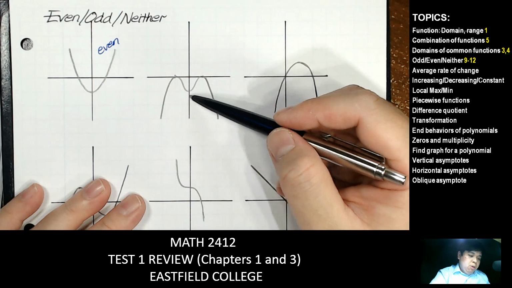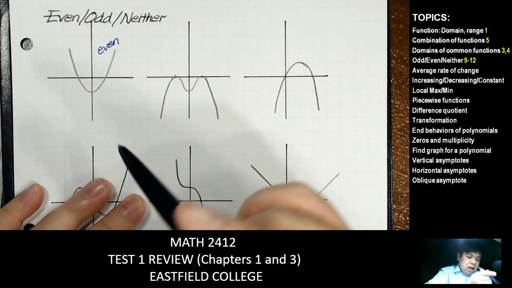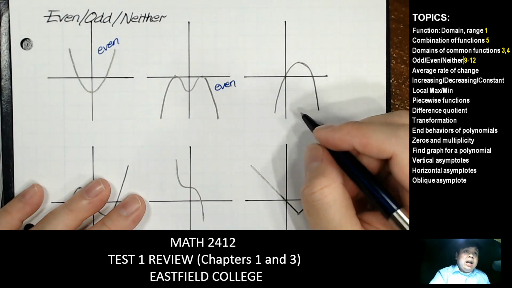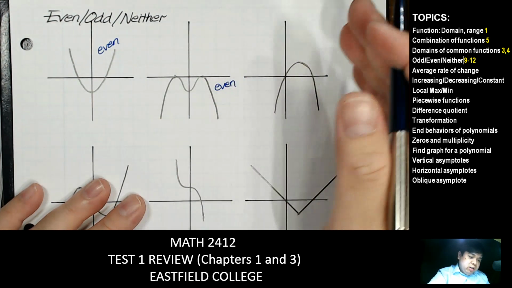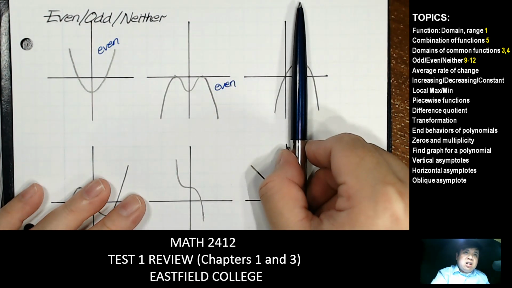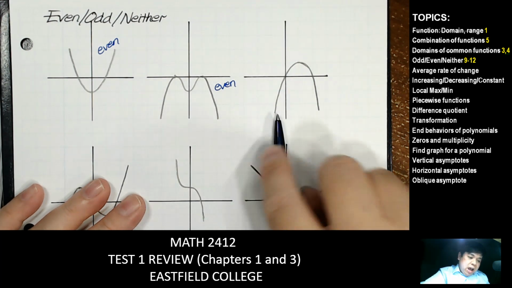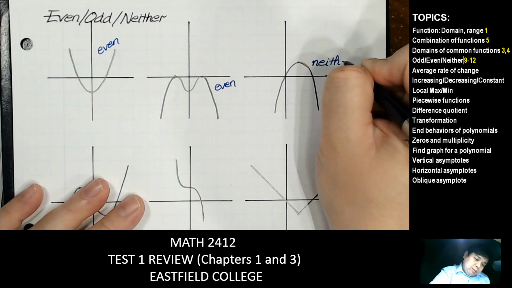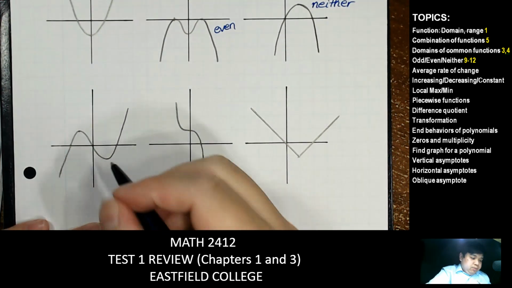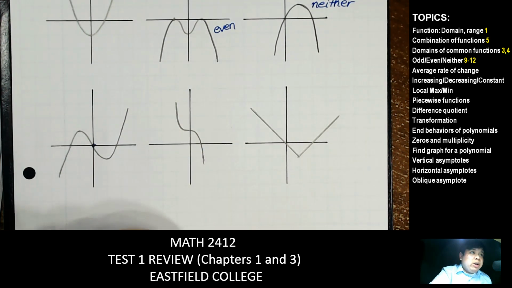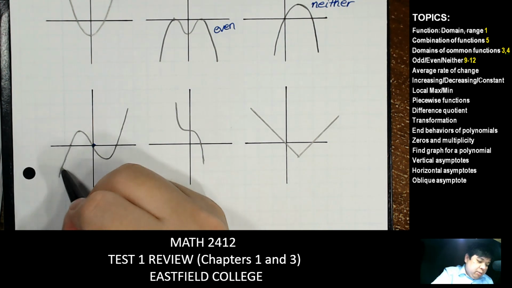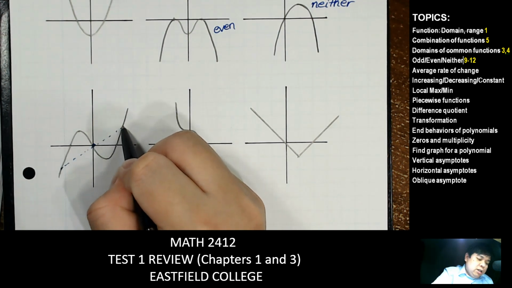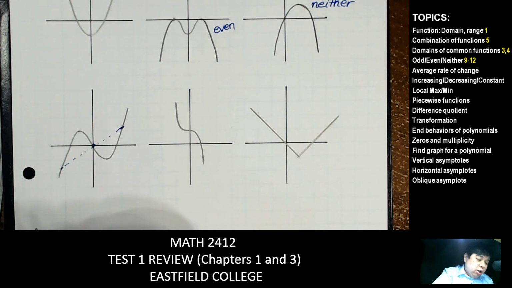Likewise, this is also perfectly symmetric on the y-axis. So this is even as well. This one is off. It's not symmetric. It is symmetric on this line, but it is not the y-axis. So this will be neither. This one is symmetric with respect to the origin, because if we have the point here going across from it, there will be another point there on the graph.